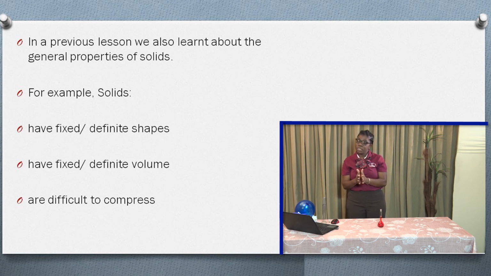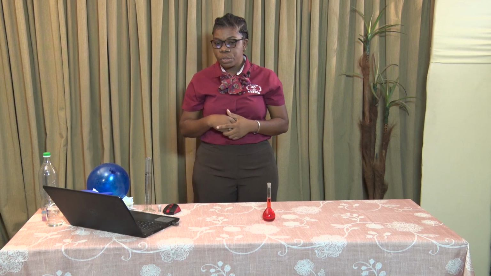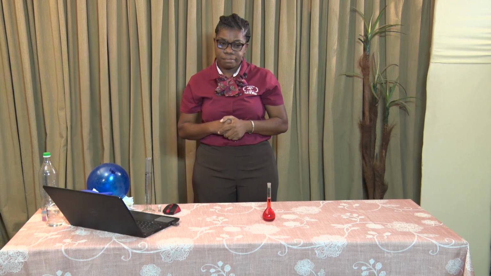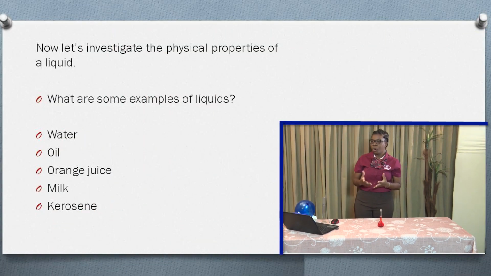They are also difficult to compress, right? So that is what we learned in the last lesson concerning solids. So what are some examples of liquids? Good. Water, milk, kerosene, juice, alcohol, all of those are examples of liquids.